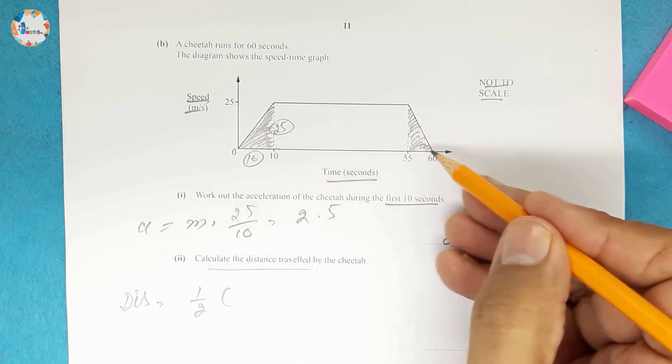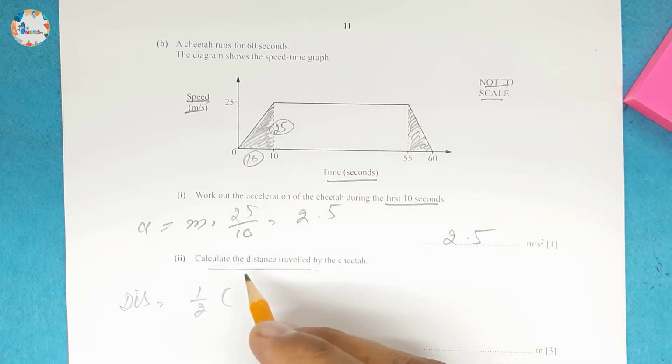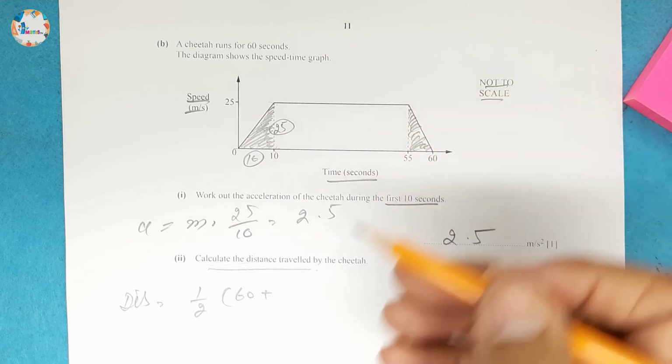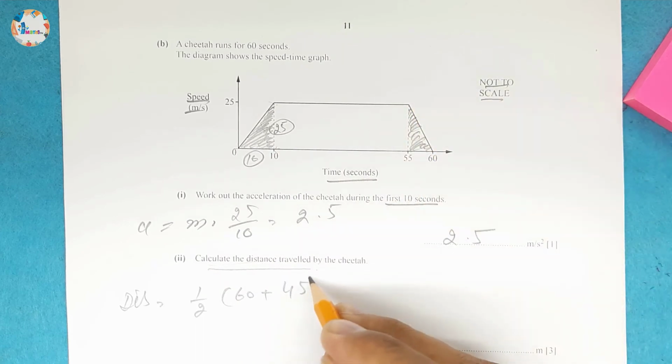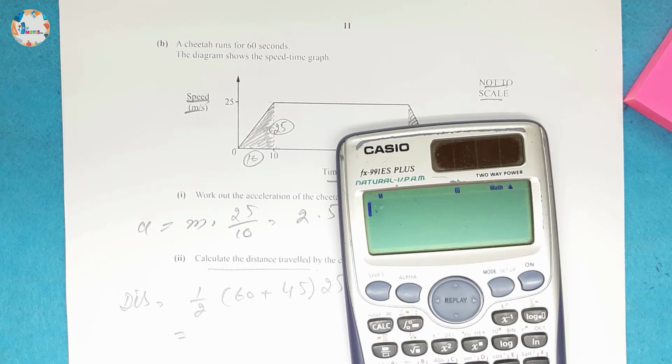We can take the parallel sides, a plus b. So a plus b will be 60 plus this one, 55 minus 10, will be 45. So a plus b into h, and the perpendicular height is basically 25.